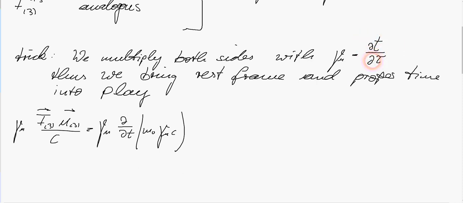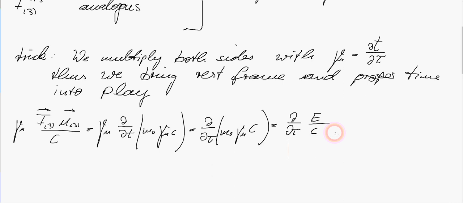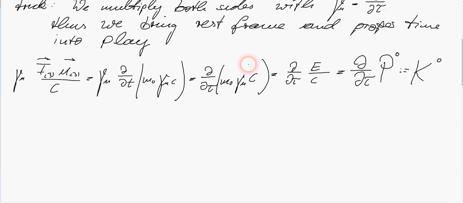We see that the dt's cancel out, and we have just d over dτ of the expression in brackets. We already knew that this is E over c, and now we have truly the first component of what we want to define as K⁰, the first component of our force vector.